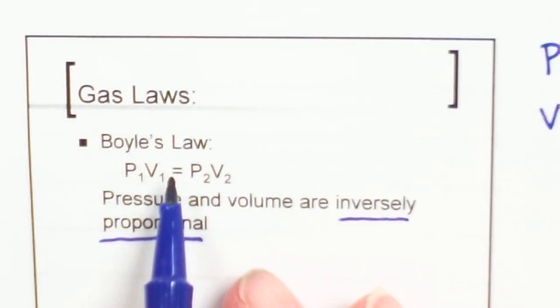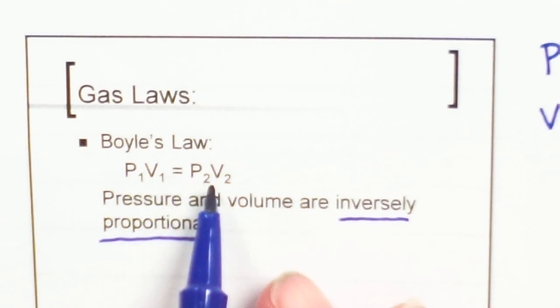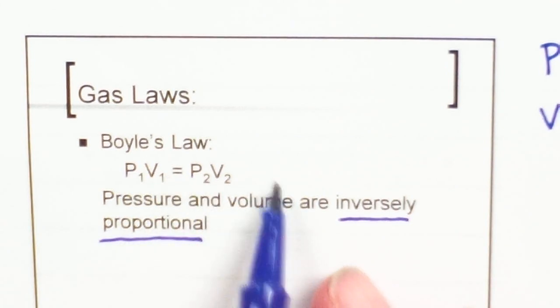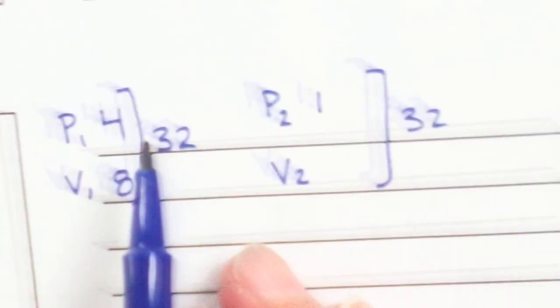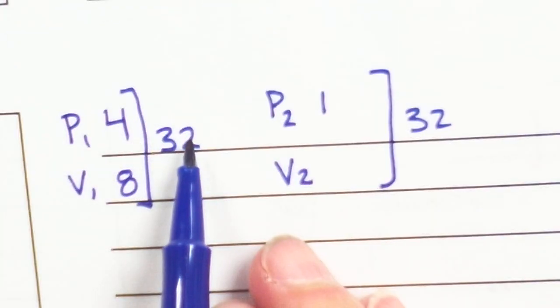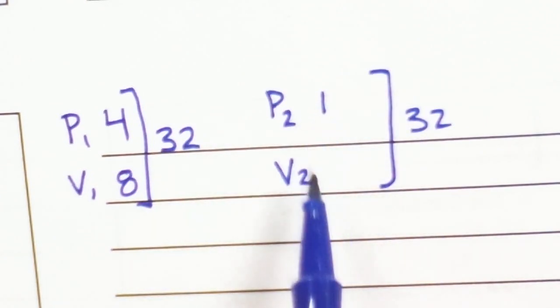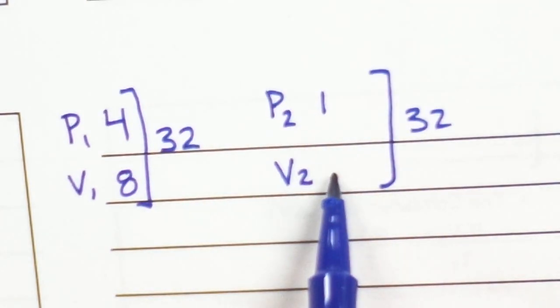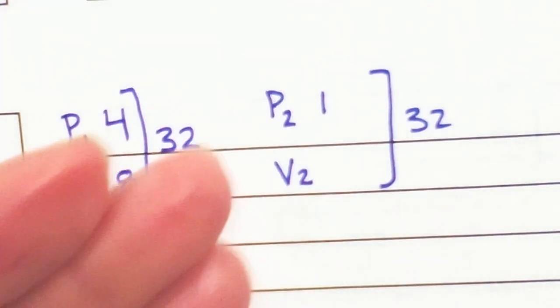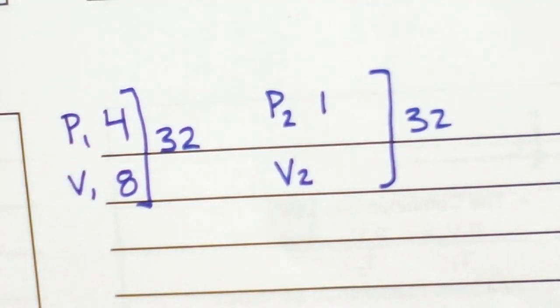And I know this because I can see over here that P1 times V1 is equal to P2 times V2. That's what the formula says. So P1 times V1 here is equal to 32. So I know that P2 times V2 must equal 32. So you can already tell that V2 is going to equal 32. But let's look at it from an analytical perspective.